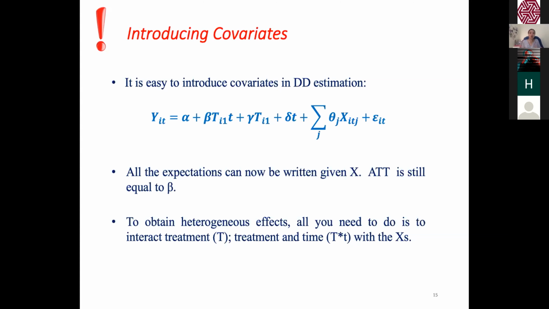So maybe overall, Takaful increases the food and the fruit and vegetables consumption of the treated households, but this impact is more important among female-headed households compared to male-headed households. Okay, is it clear? Okay.